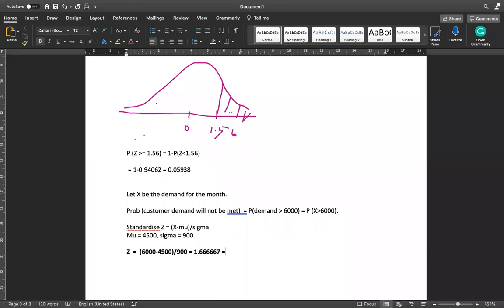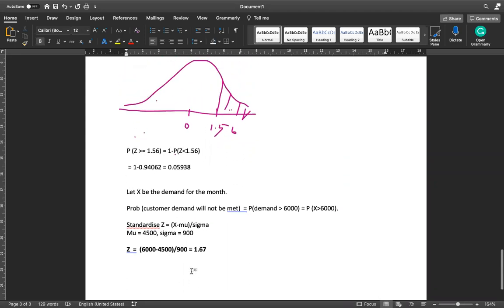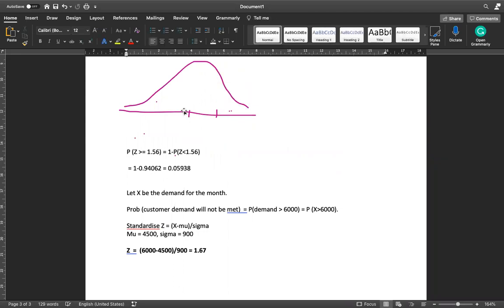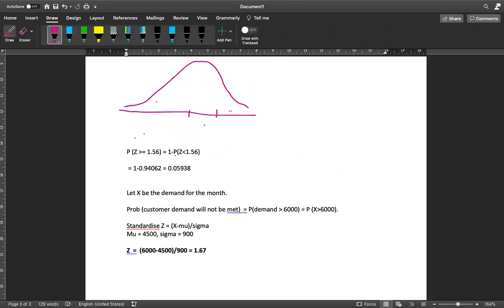We can just correct it into two decimal places and write 1.67. So when we are drawing with this in mind, we have the 0 here. Sorry, I'm leading you because of the time.